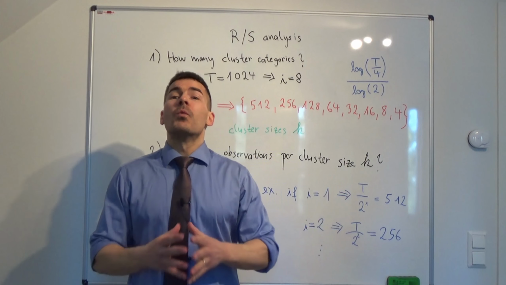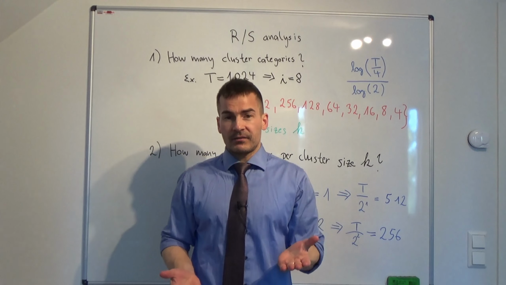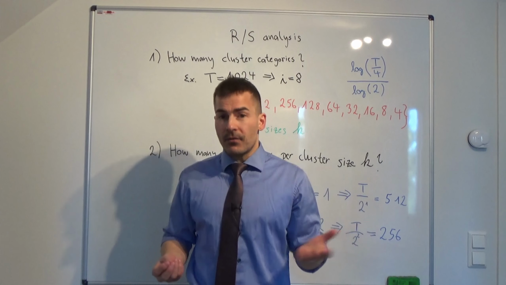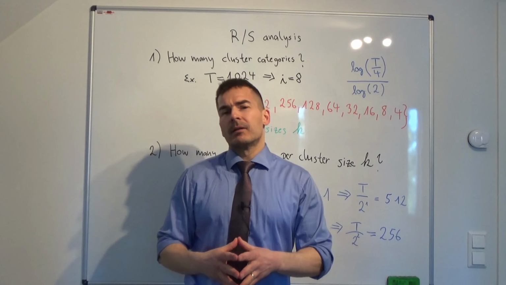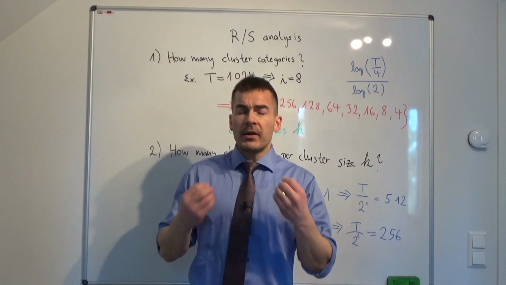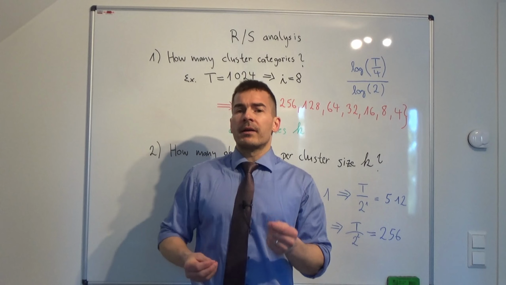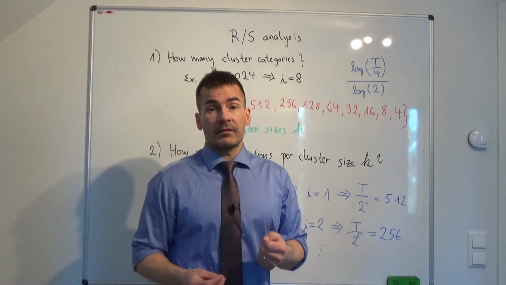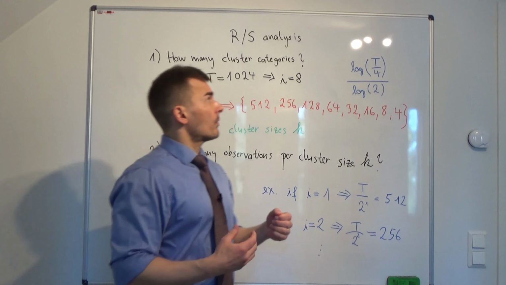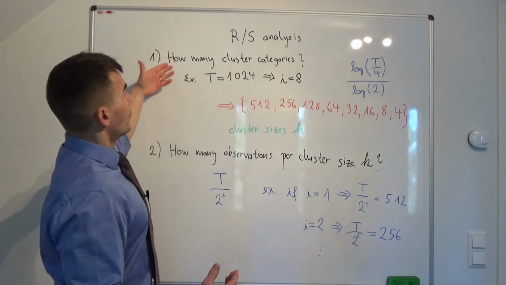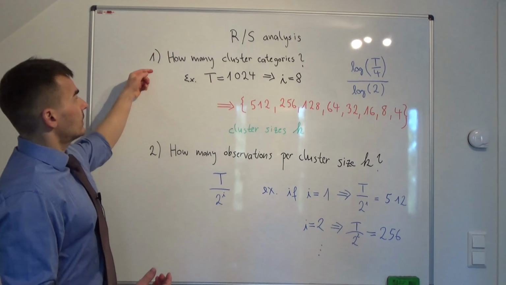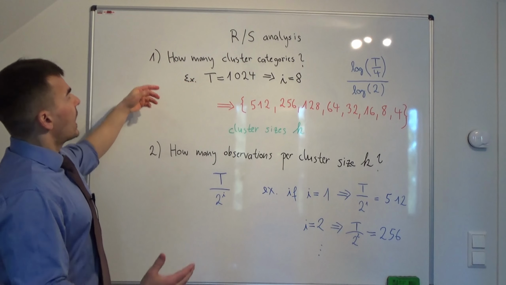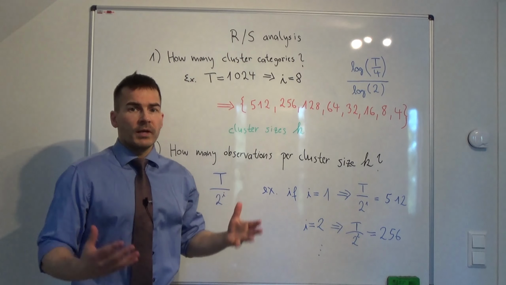Let's assume we have a data vector x, and x can be anything. As argued by Mandelbrot, the rescaled range analysis does not require a certain distribution of the underlying process. So the first step of rescaled range analysis is that we have to determine how many cluster categories we have.